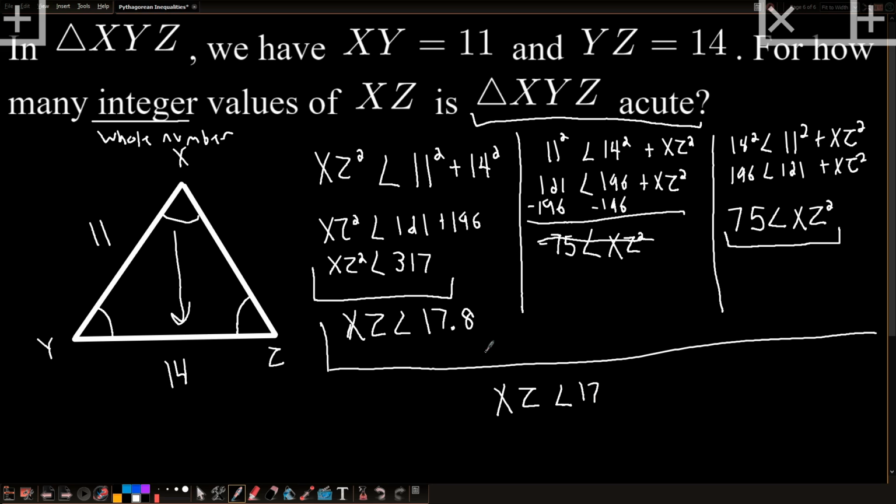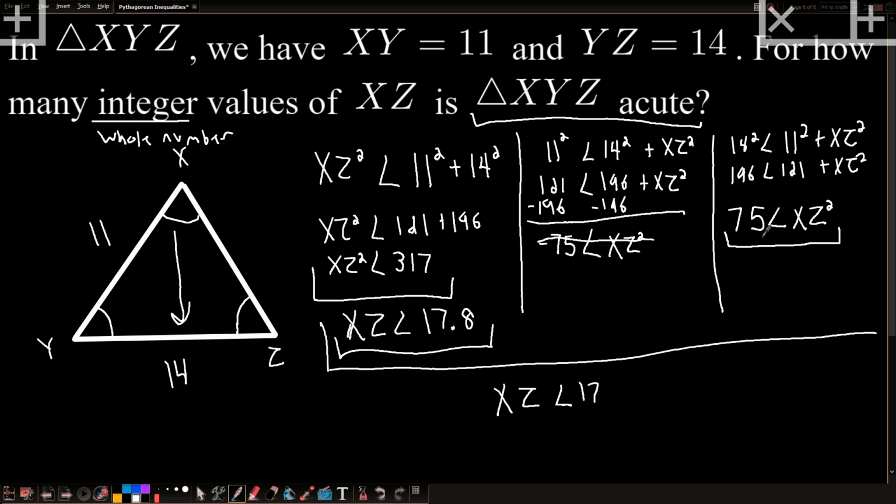Because if it goes beyond 17.8, and if it was like 18, it would be greater than the 17.8, and it would fail this condition here.